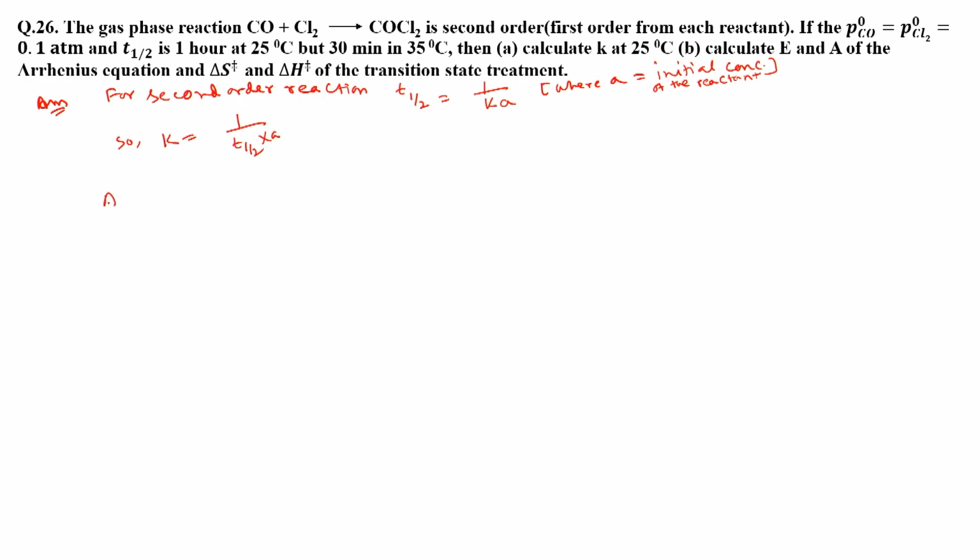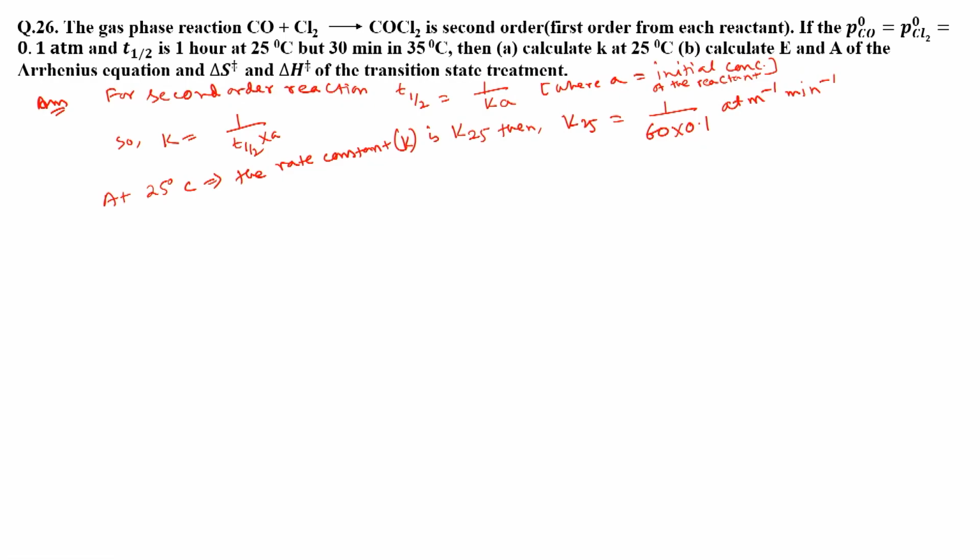Now at 25 degrees Celsius, if we say the rate constant is K25, then we can write K25 is 1 by 60 times 0.1 atmosphere inverse minute inverse.